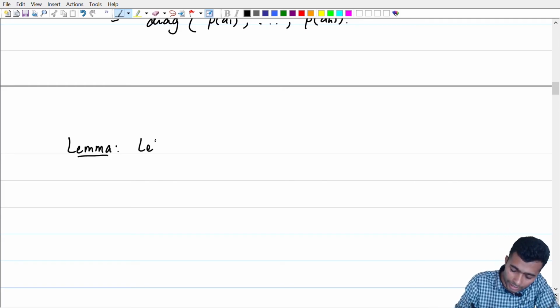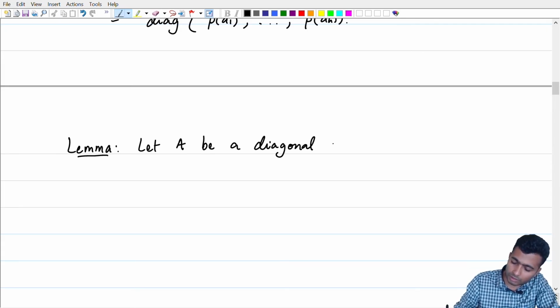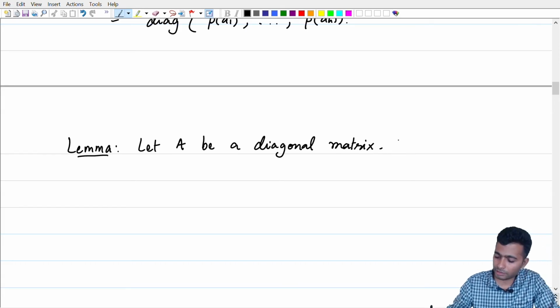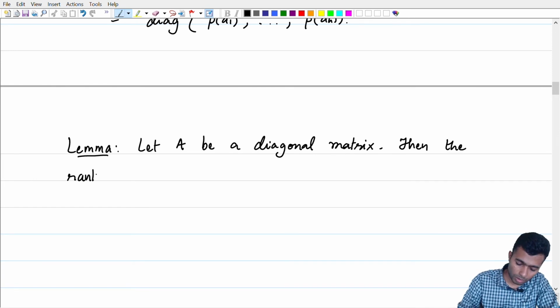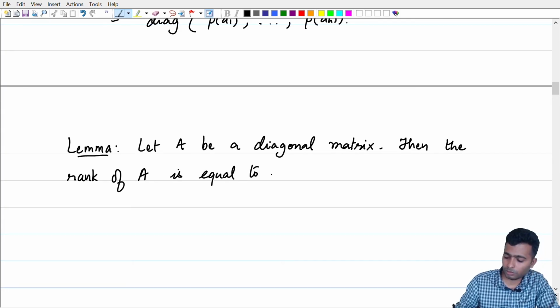So let A be a diagonal matrix. Let me refer you to last week's lectures to conclude that the rank of A is equal to the number of its non-zero entries.